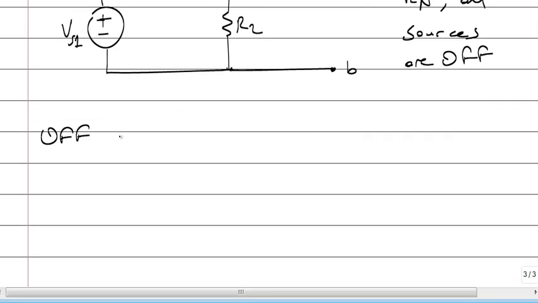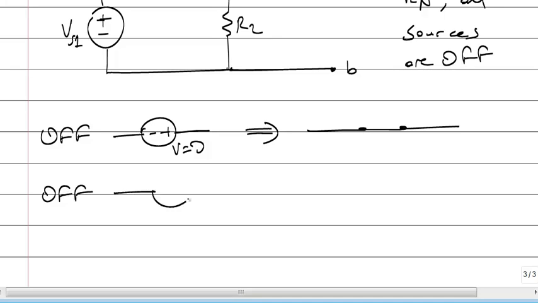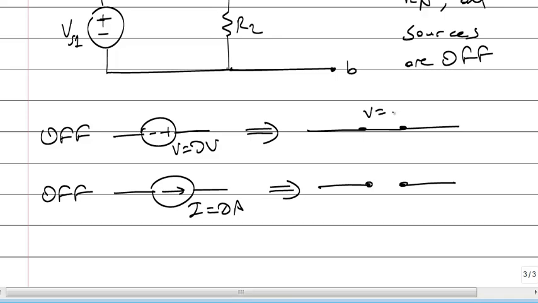Turn off a voltage source: it means 0 volt, which means short circuit. If you turn off a current source, it means 0 current, which means an open circuit. Here there is 0 volt, here there is 0 current.